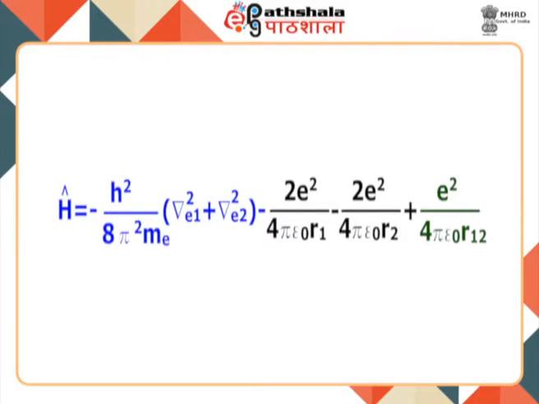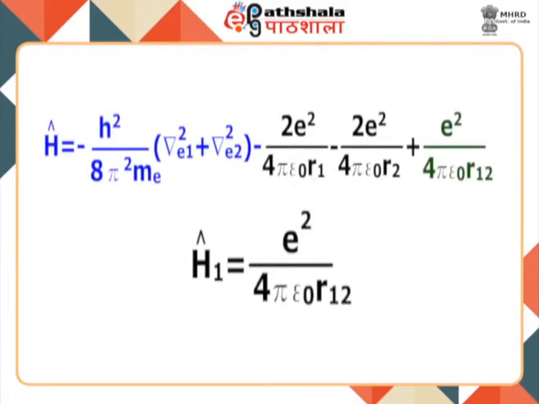And this interelectronic repulsion term represents the perturbed Hamiltonian. As you can see, H1 cap, which is given in equation 17, is equal to e square upon 4 pi epsilon 0 r12. Now this is basically the Hamiltonian using the normal units.